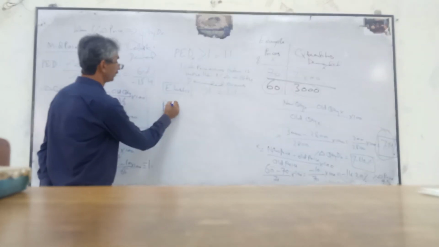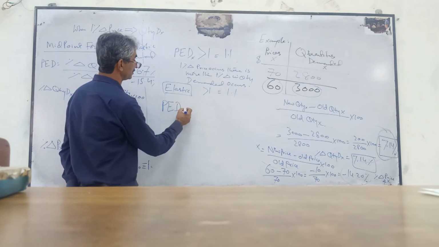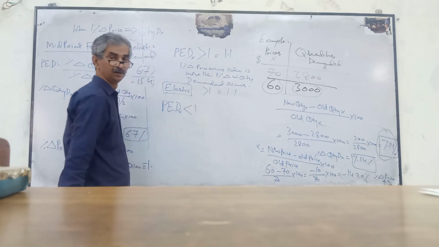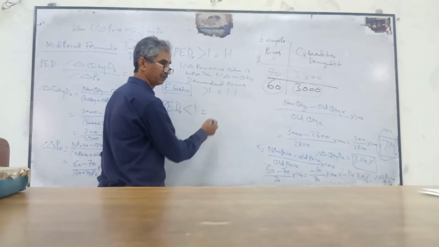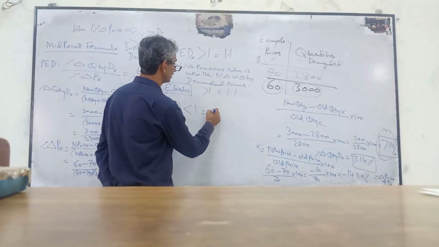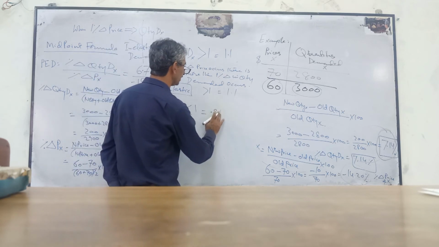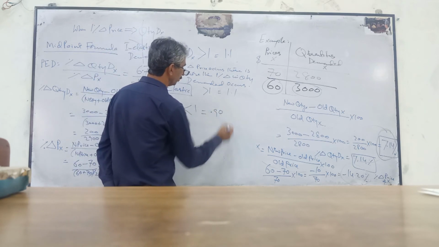If your price elasticity of demand result of X is less than 1, less than 1 means your answer is 0.99, or 0.98 or 0.90.